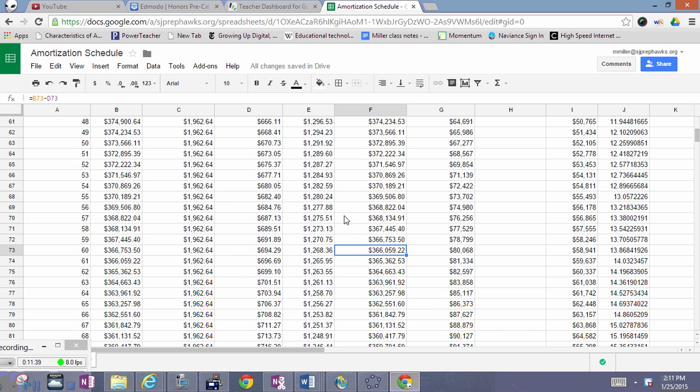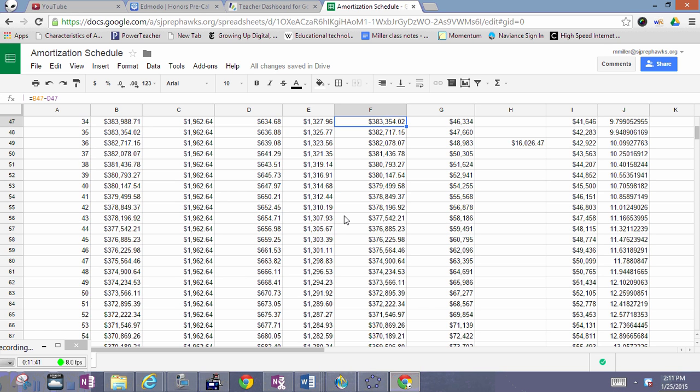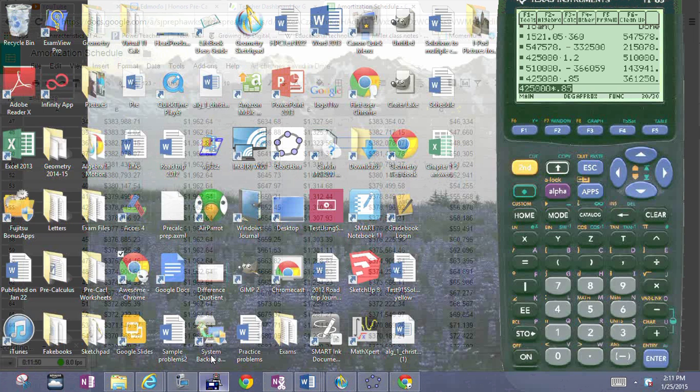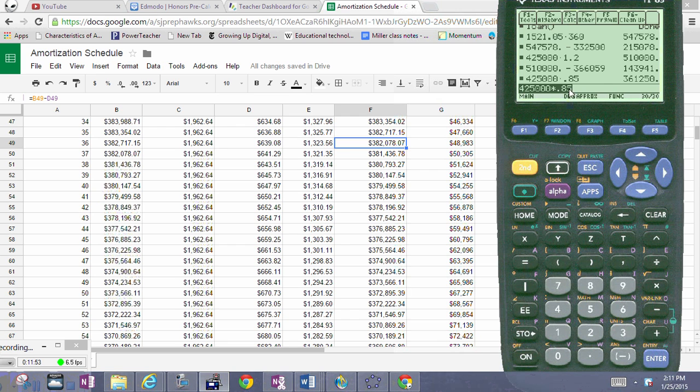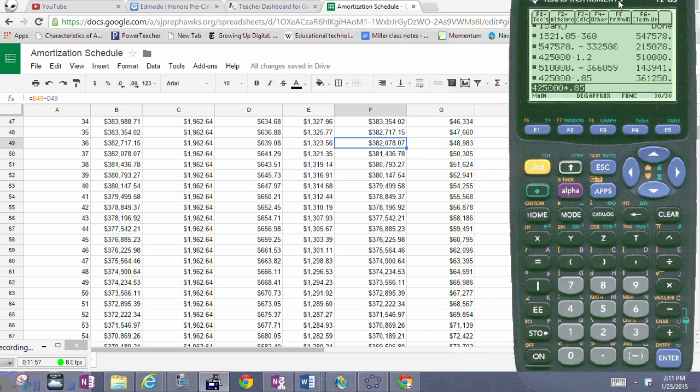Let's look at our table here. After 3 years, that's the 36th payment. We're going to take a loss here. Look at this. Here's our calculator showing us the property value, assuming it's worth 15% less, is 361,000, but you owe 382,000. So you have to pay that off.